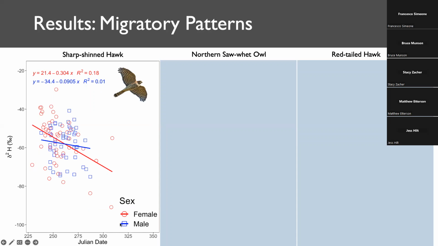Sharp-shinned hawk females' isotope values had a significant negative trend with banding date, which indicates that expected southern individuals were coming through Duluth, or being banded at Hawk Ridge, sooner in the season. However, while we saw a trend for males, that trend was not significant, which was interesting. And I'll come back to that.